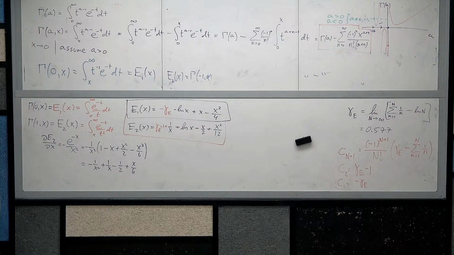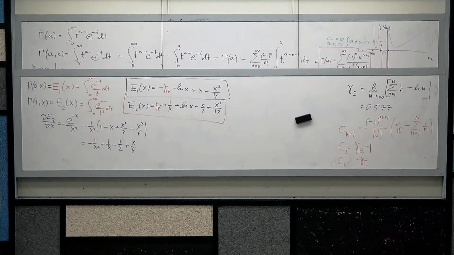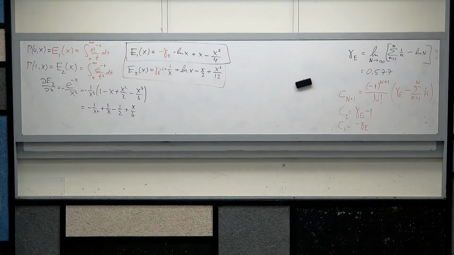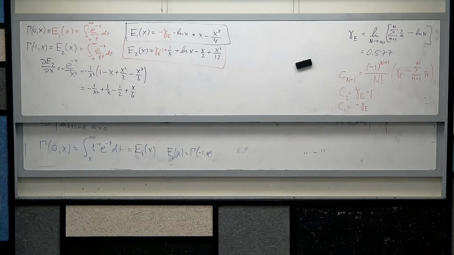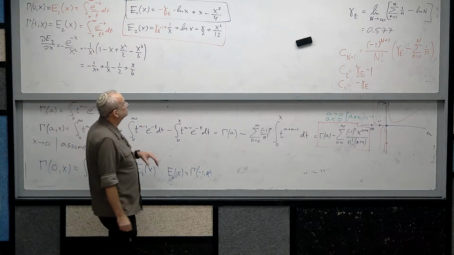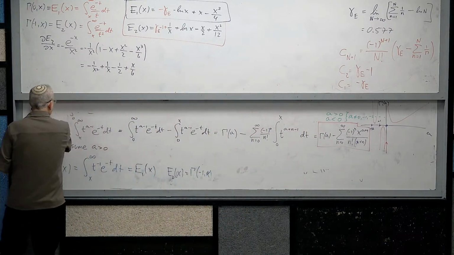Okay. Anyhow, after doing that, let's try to implement these functions, these asymptotics, right? So these are the asymptotics of the exponential integrals in the relevant limits, and in general of the gamma function.